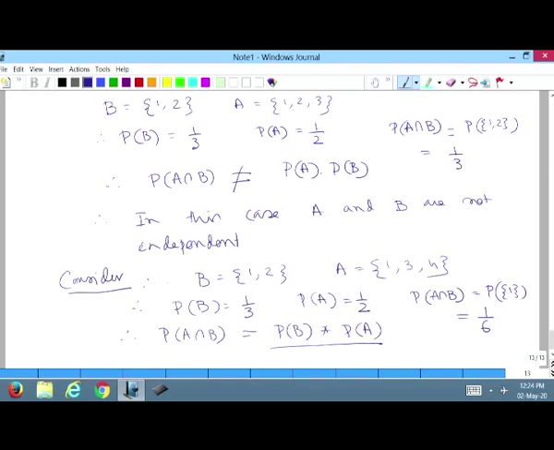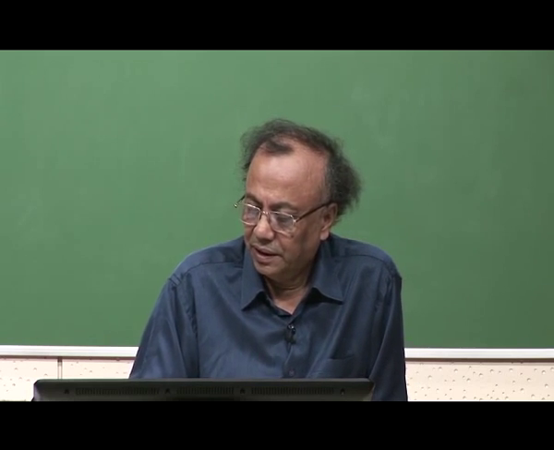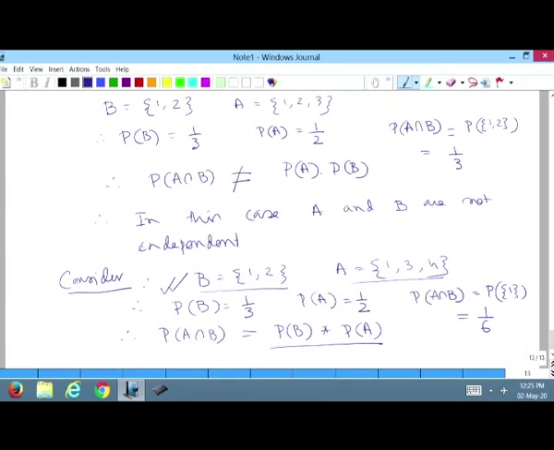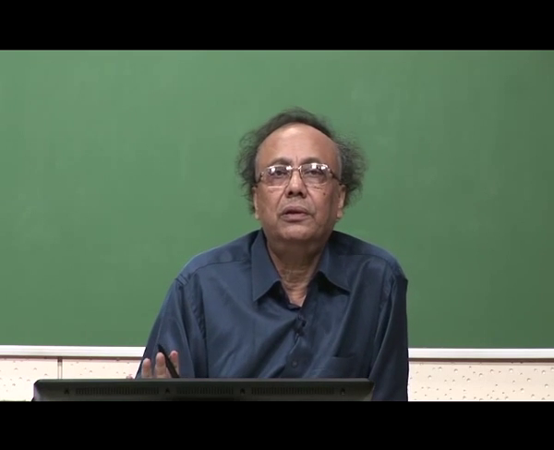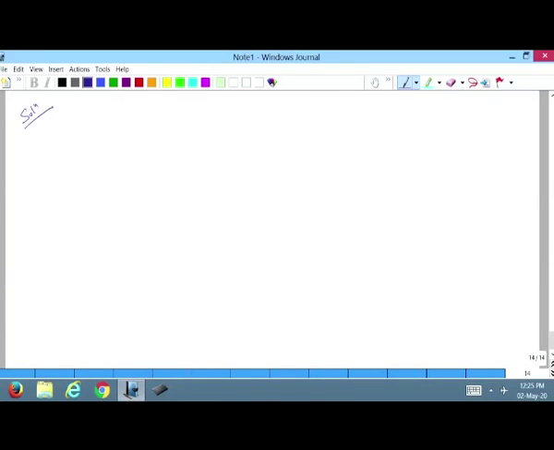So, this is a case when A and B are independent and cardinality of B is less than cardinality of A. How many such pairs are possible? That is the question. Solution: suppose cardinality of A intersection B is equal to x. Therefore, probability of A intersection B is equal to x by 6.